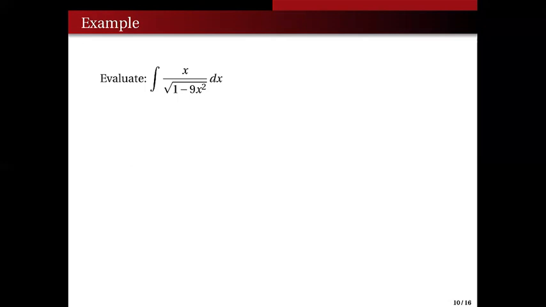We can let u be equal to 1 minus 9x squared. If we get the derivative, or the differential du, we will have minus 18x dx. Now, if you look at this, you have the x here and the dx.